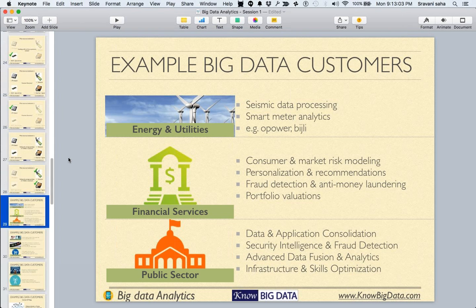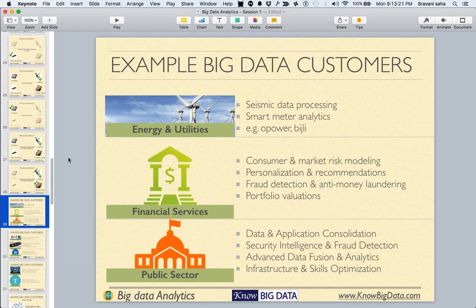Similar is the case of portfolio valuation. If you have humongous data, you can always plot a graph on it, prepare a relationship between various attributes of the portfolio with respect to the valuation.